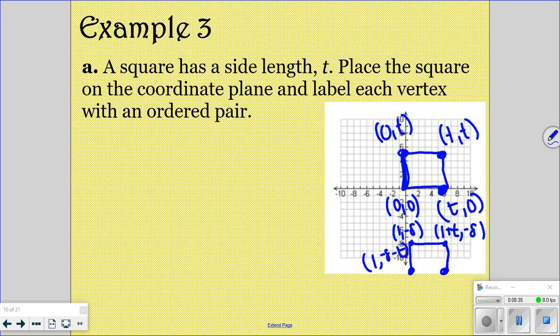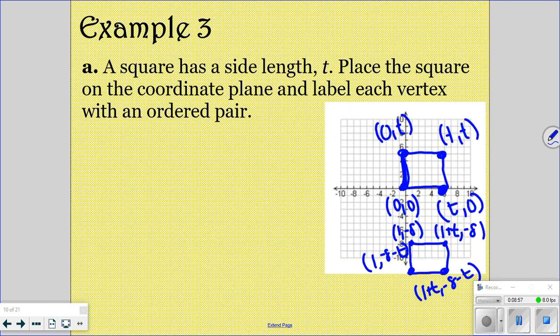And then this point would be 1 plus t and then -8 minus t. So that looks a little bit more complicated than just using these. And if you put it on the x-axis and y-axis and at the origin, it'll make it a lot easier.